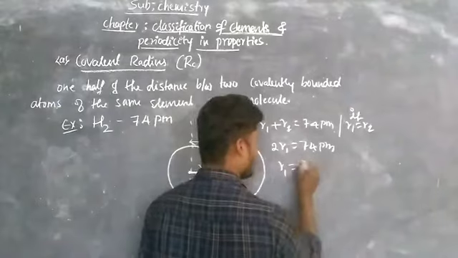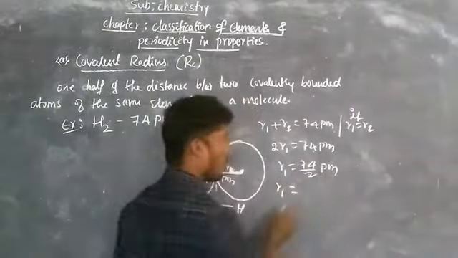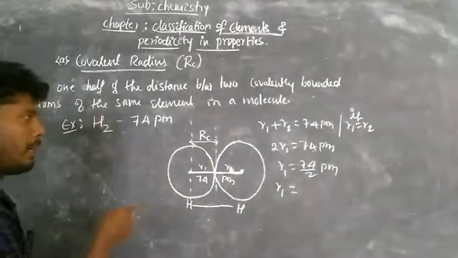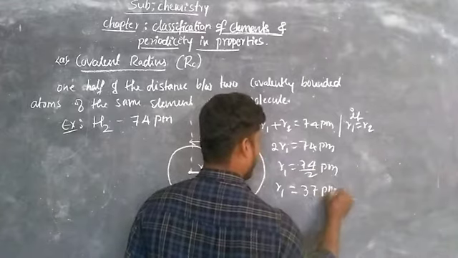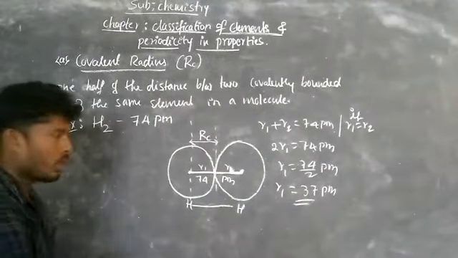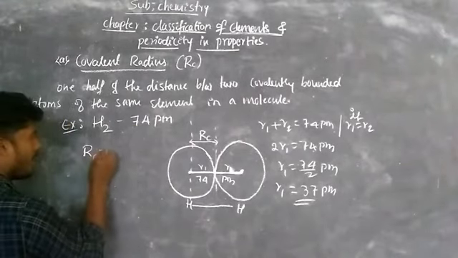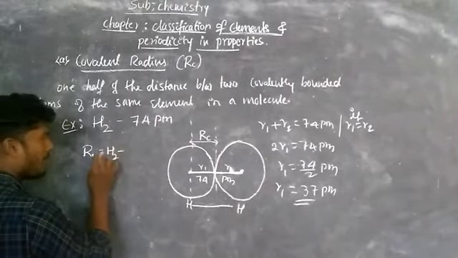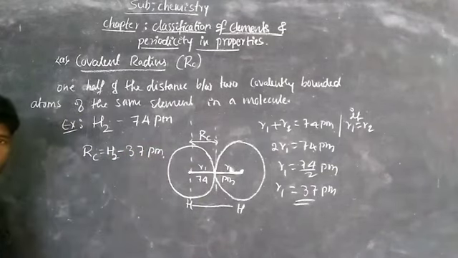Then R1 is equal to 74 divided by 2 picometer. That is 37. The covalent radius of a hydrogen atom is 37 picometer.